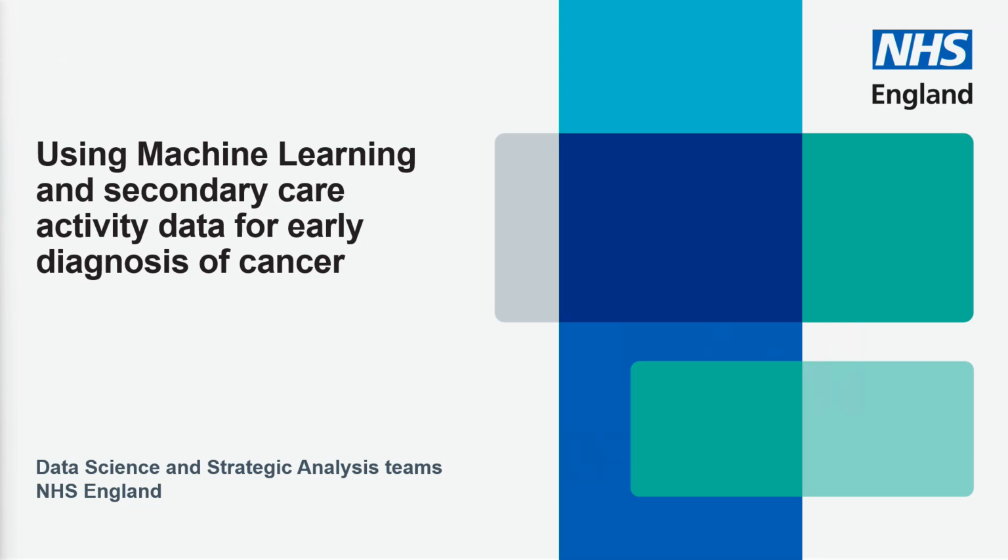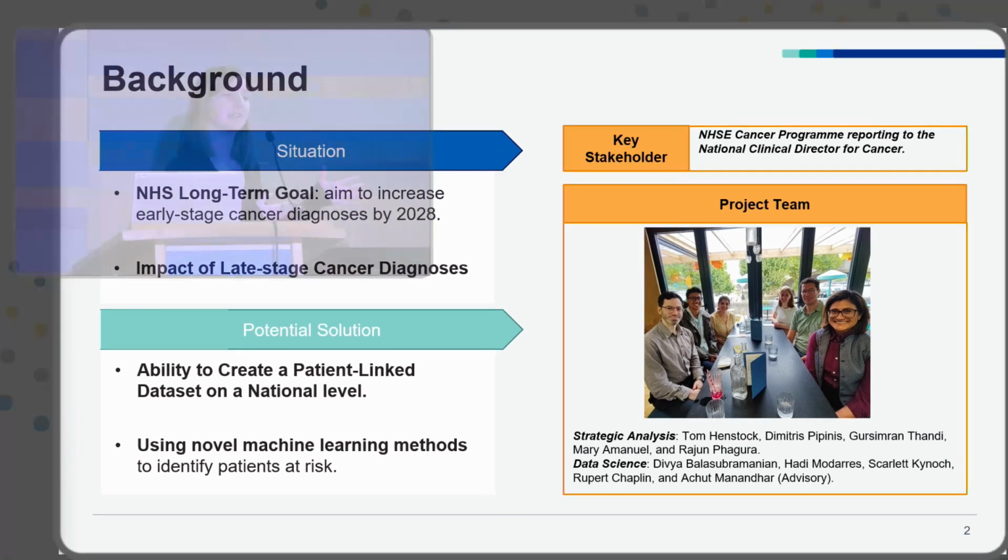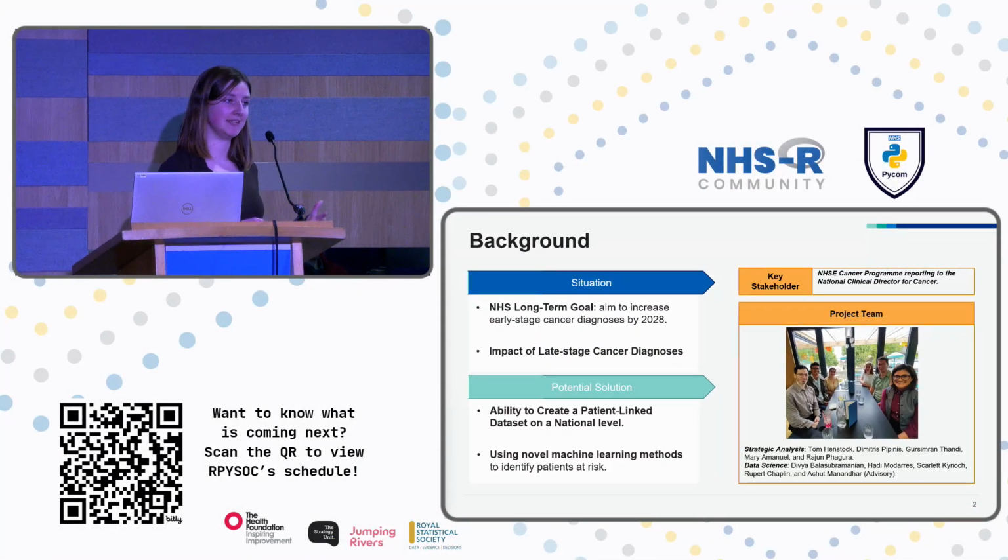So just to give a little bit of background on this project, this was a collaboration with the strategic analysis team and the central data science team. Our key stakeholder was the NHS England Cancer Programme, and they report directly to the National Clinical Director for Cancer. The situation that we were looking at is there's an NHS long-term goal, and the aim is to increase early-stage cancer diagnosis by 2028.